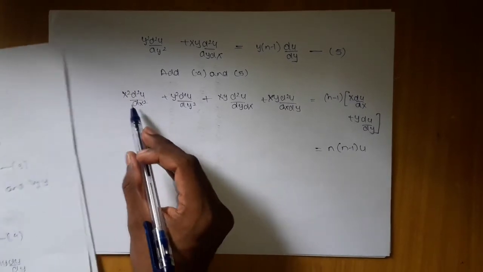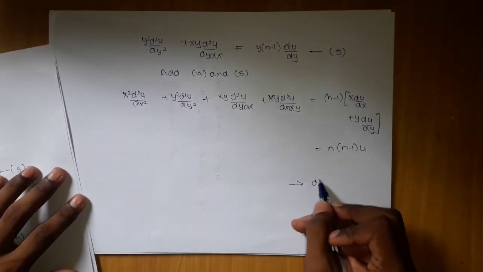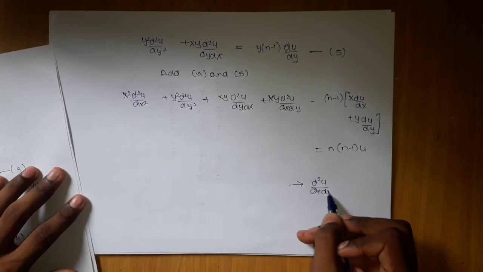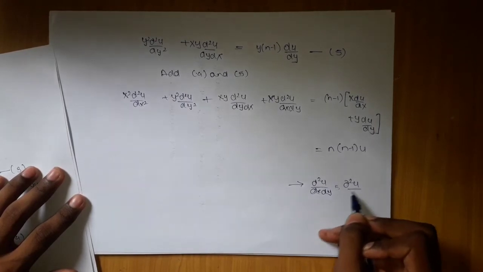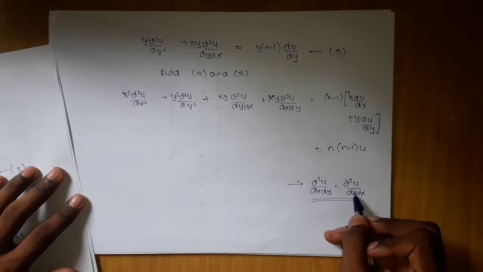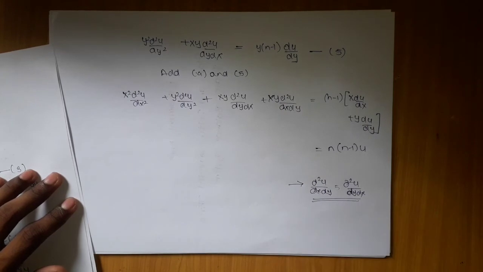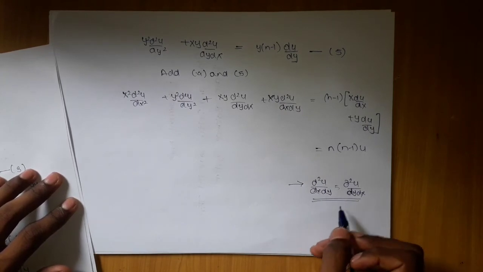And here I have told you one property of partial differentiation, that dou square u by dou x dou y equals dou square u by dou y dou x. So no matter which you write in the theorem, the teacher will give you marks, because they are both the same as per the partial differentiation rule.